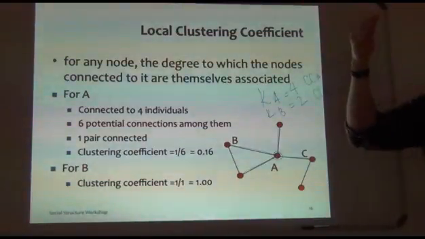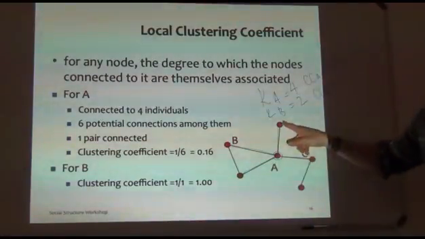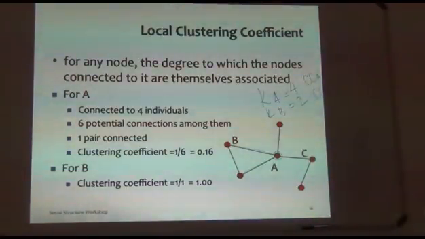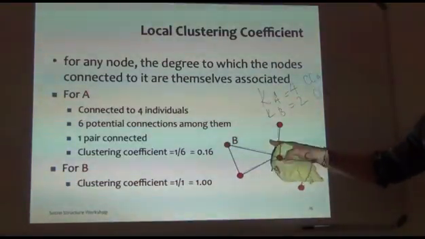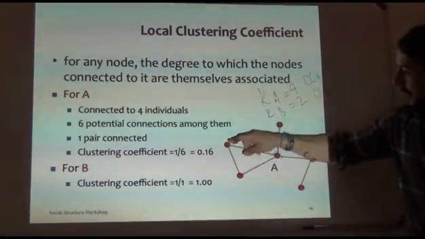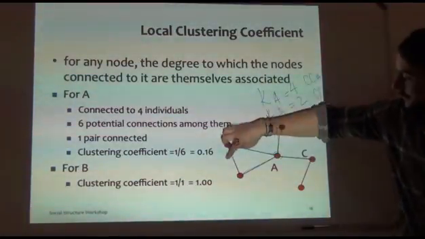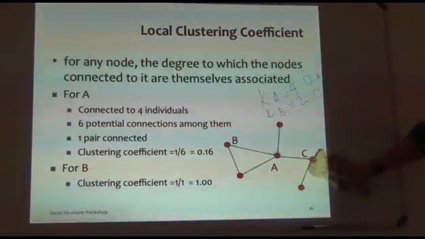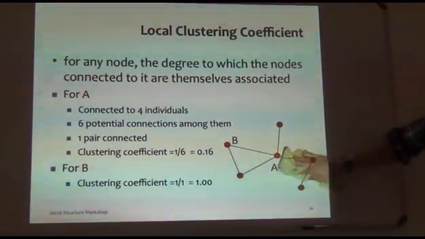So it's the friends of her friends are also friends. In this case, that's true, and in this case, not so much. So he's more central in the network in terms of number of connections, but among his little ego network, the ones connecting, he is more connected. So it depends on the scale you are looking at.